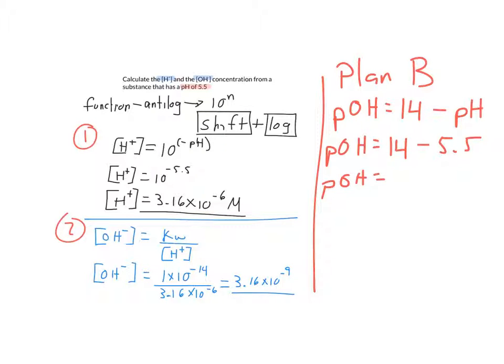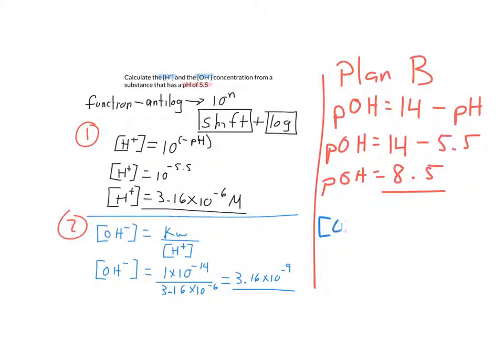So the pOH for this is 8.5. Now we do the same procedure as we did for the hydrogen ion concentration, but instead of having the pH, now we have the pOH, so that will give us the concentration of hydroxide.